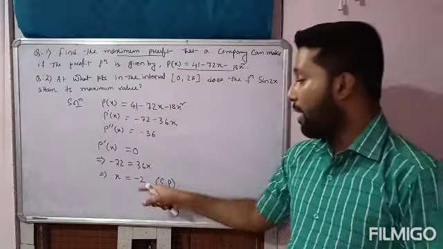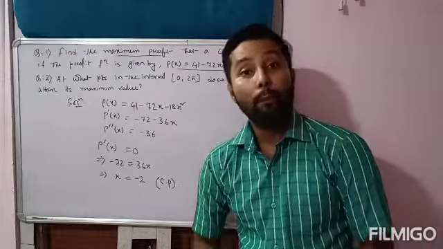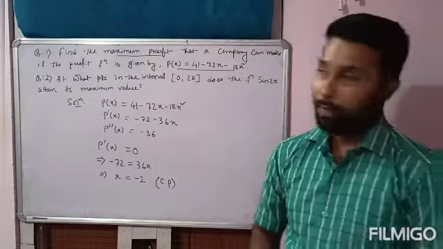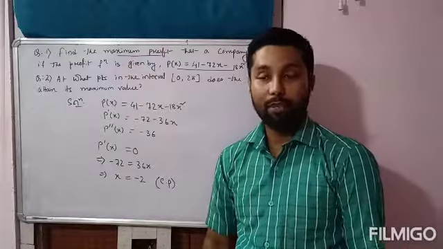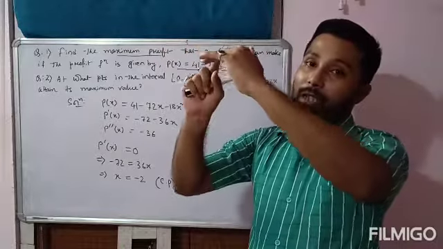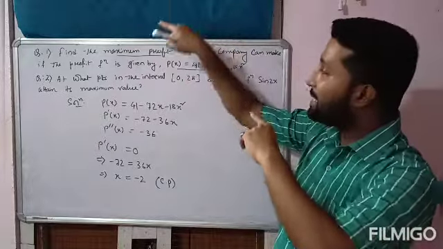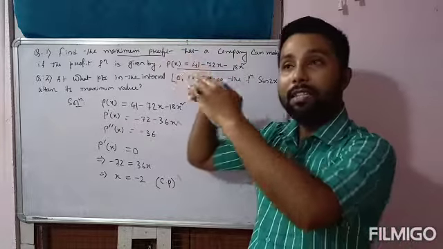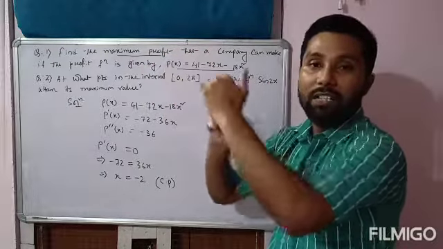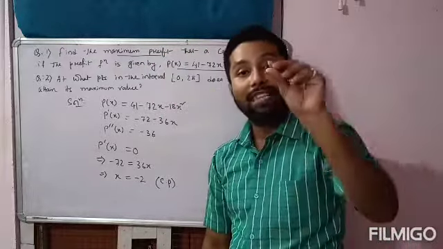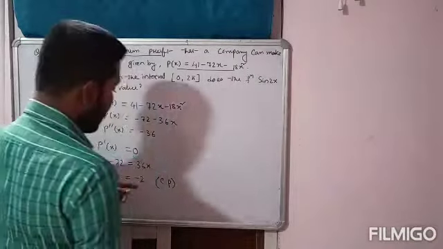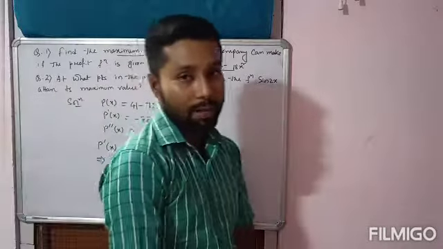But whether this point is the point of maxima or the point of minima, how will we know? Because you have to find the maximum profit, that means the maximum value. To find the maximum value we need to know the point, at which extreme point the function gives its maximum value. So you have to now check whether this point will give the maximum or minimum value.